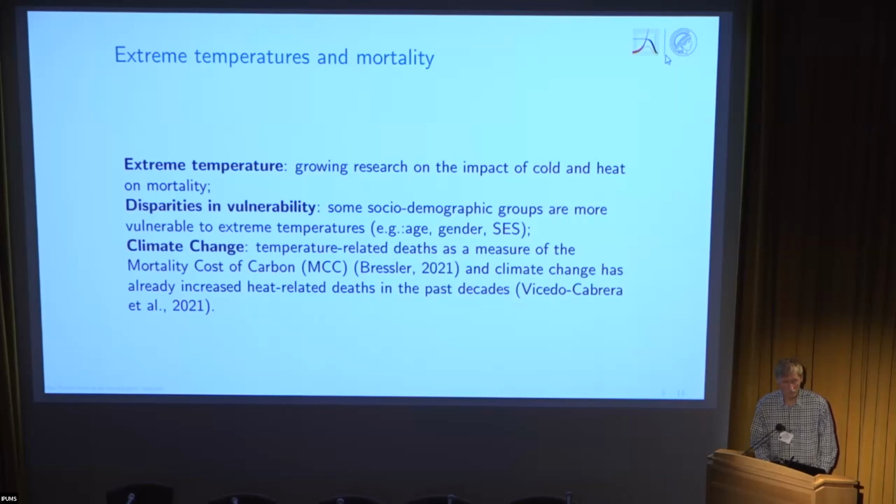And in this paper, we also focus on disparities in vulnerability, as there is extensive research showing that certain socio-demographic groups are more vulnerable to the exposure of extreme temperature. The socio-demographic characteristic that has been explored the most is age, as we know that exposure in early life, and especially after age 65, is the most consequential.